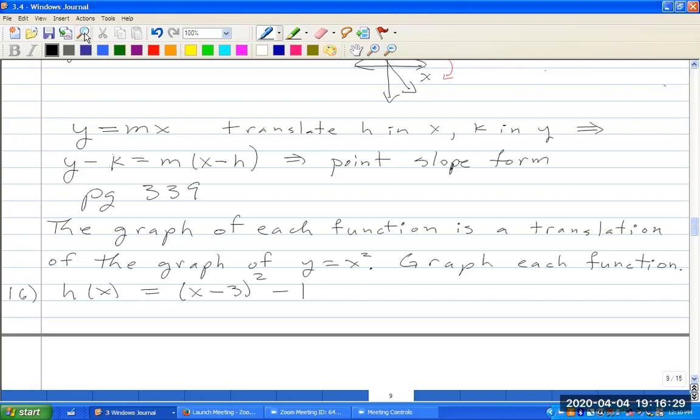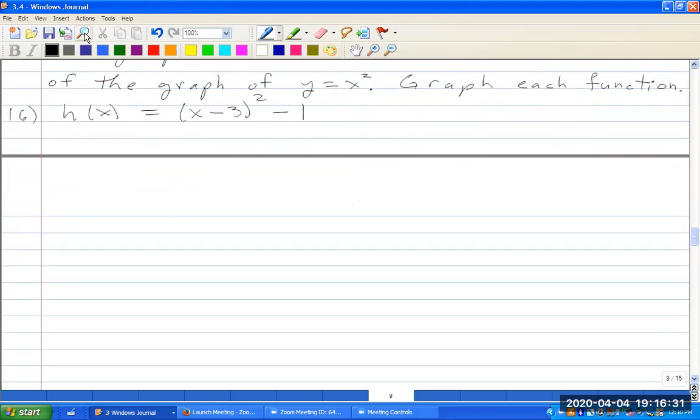So the first thing to do is to replace h of x by y. So I have y equal x minus 3 quantity squared minus 1. Now let's add 1 to both sides of my equation. So I have y plus 1 equals x minus 3 quantity squared.